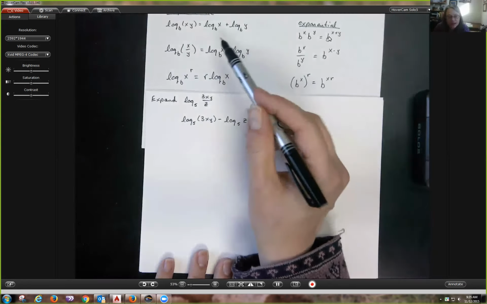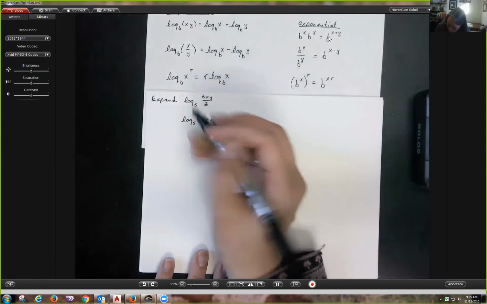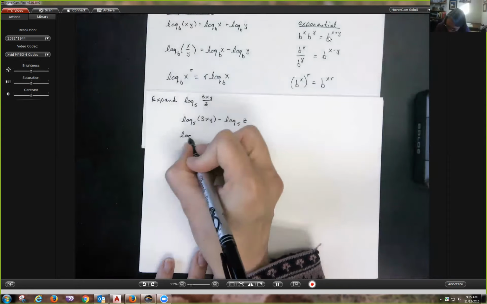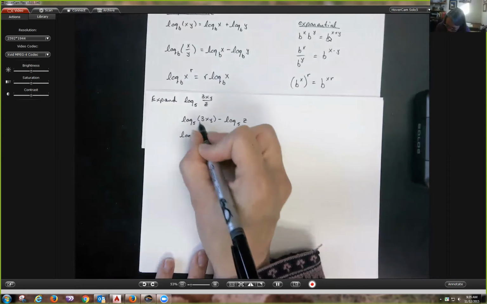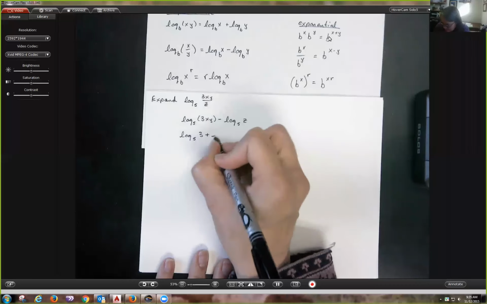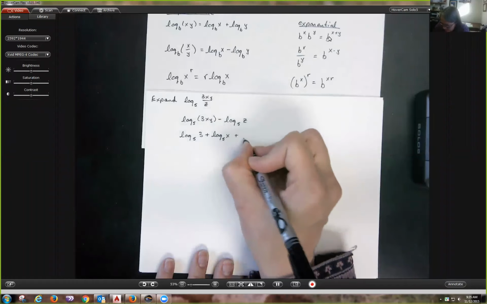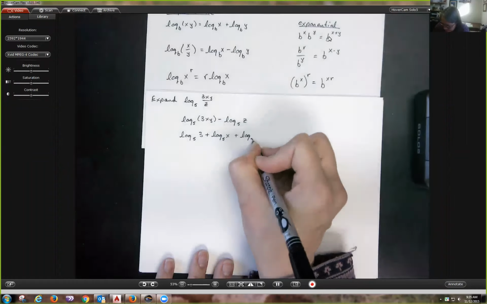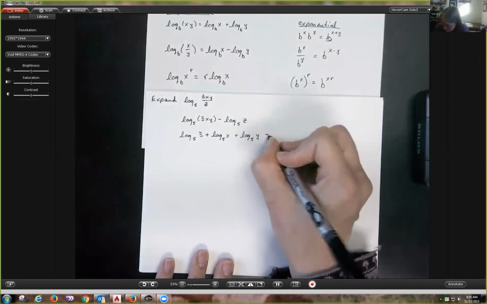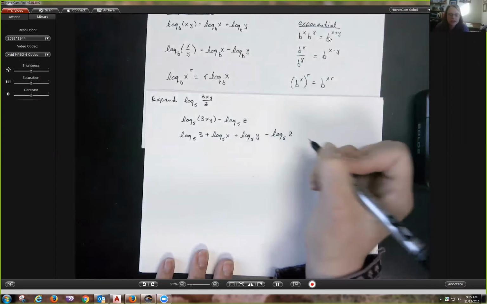Now we'll apply the product rule and write that this first part splits as the log base 5 of 3 plus the log base 5 of x plus the log base 5 of y minus the log base 5 of z.